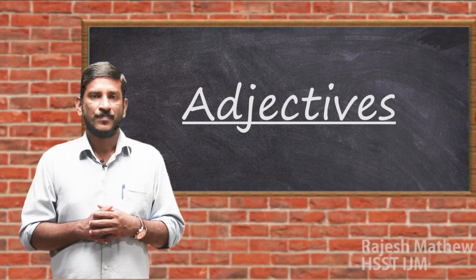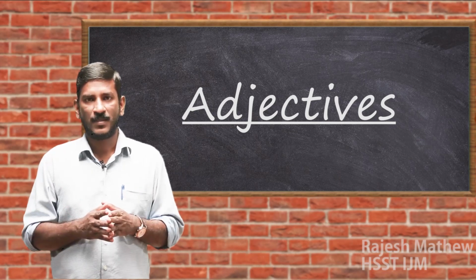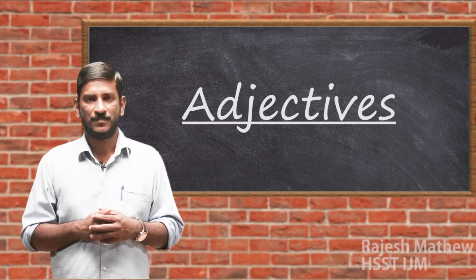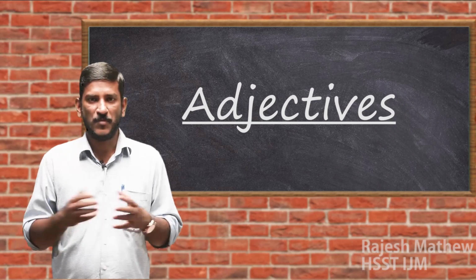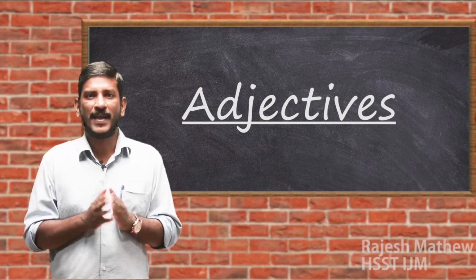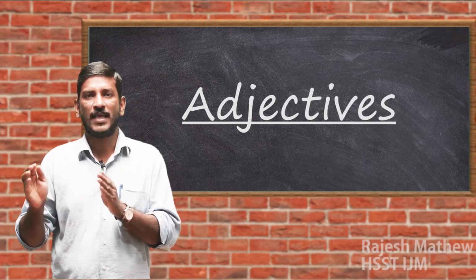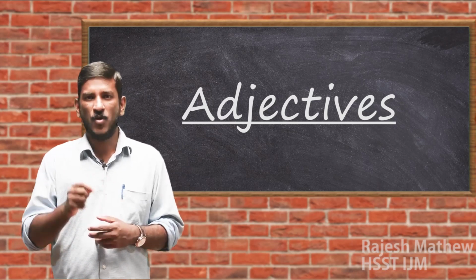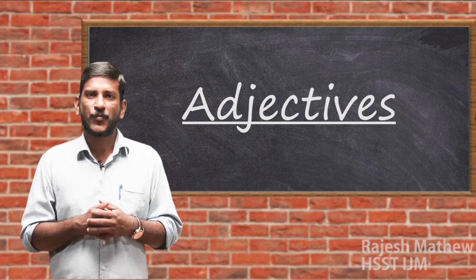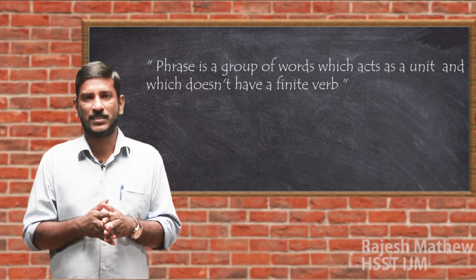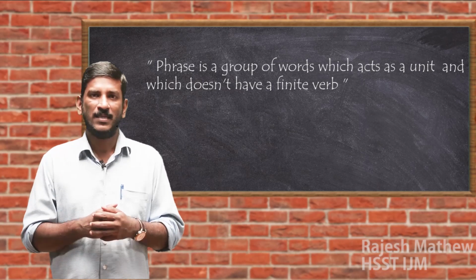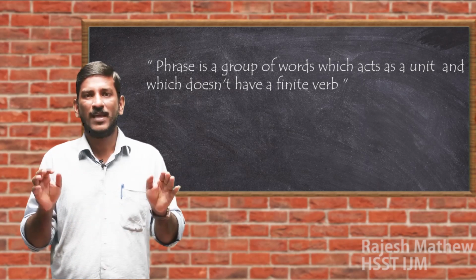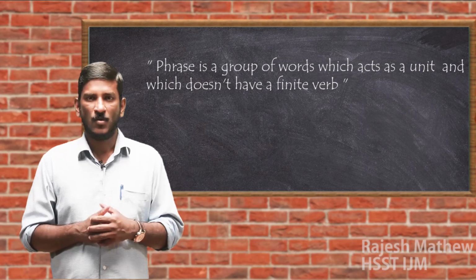Today, I am going to discuss another important area: adjectival phrases and adjectival clauses. Before that, we should have a clear idea about phrases and clauses. What is a phrase? A phrase is a group of words which acts as a unit and doesn't have a finite verb.